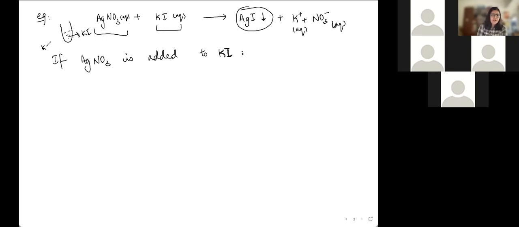So you already have K plus and I minus floating around in the solution. Into this, you're adding AgNO3. Then your product AgI is formed, but the AgI that is formed adsorbs the I minus ions.